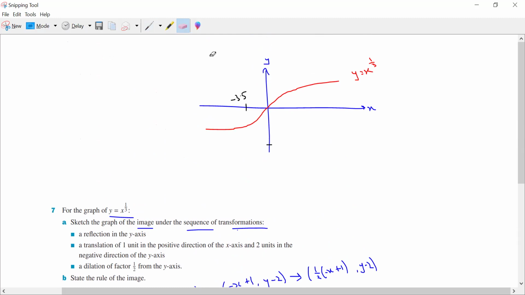So I'll just redraw that. So the y-intercept is at -1, and this is -2, and this is half. So that's our point of inflection. So it's going to look something like this. Something like that. That's the point of inflection. So this is half and -2. And our y-intercept is at -1, and our x-intercept is at -3.5.